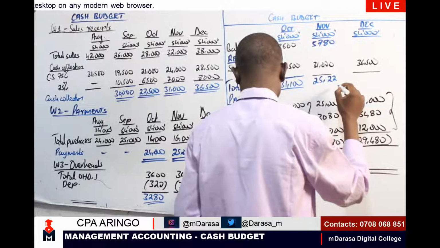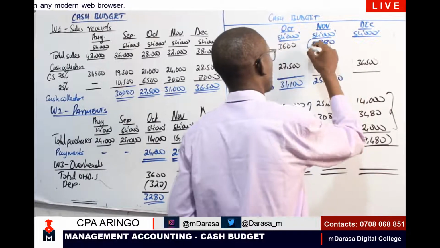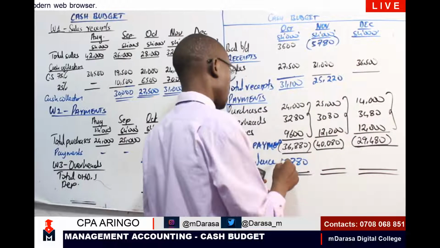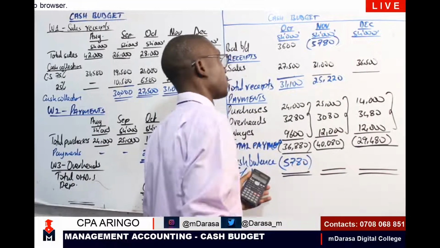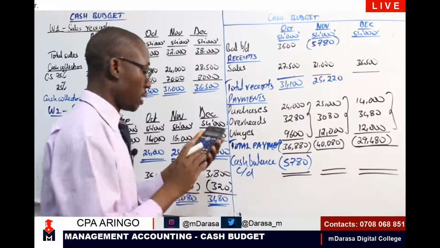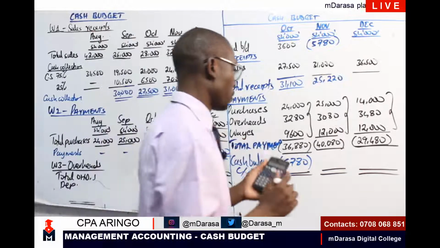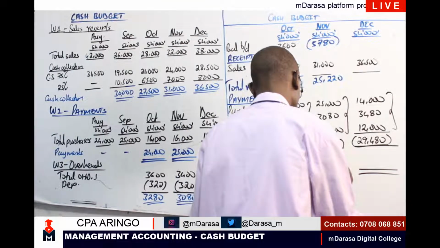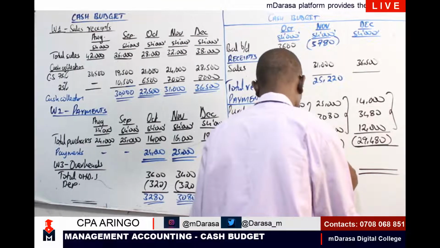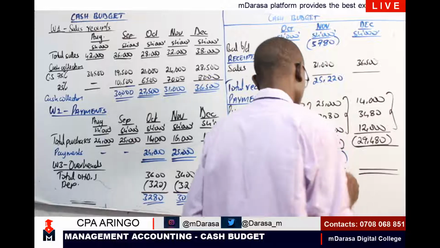25,220. Remember, this is an overdraft, right? That is an overdraft. So as at the end of the day, minus 40,080 should give us again an overdraft of 14,860.